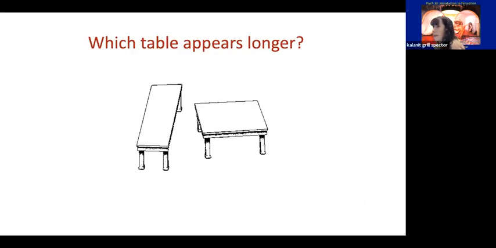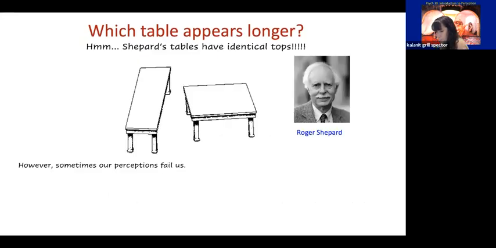The second demonstration was to show that sometimes our percepts can be deceiving and we can get a lot of things pretty wrong. This is an illusion that was generated here at Stanford many years ago by a psychologist named Roger Shepard. He's retired now from our department, and he used it to illustrate that perceptions might be misleading as they can sometimes fail us.